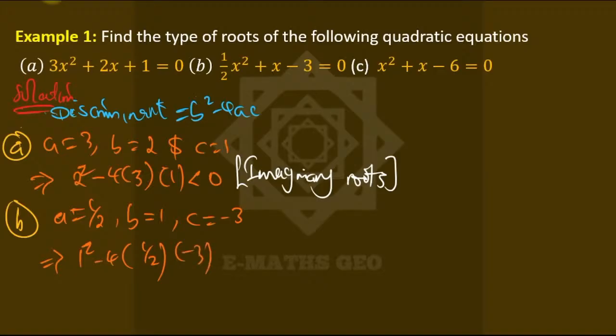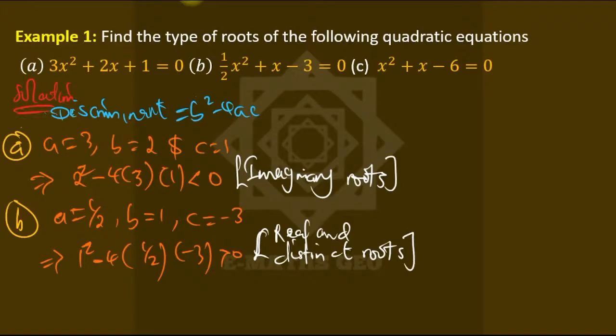We see that a negative times a negative gives a positive, so the answer should be greater than 0. So the roots will be real and distinct, since it's positive. This one will intersect in 2 different places.